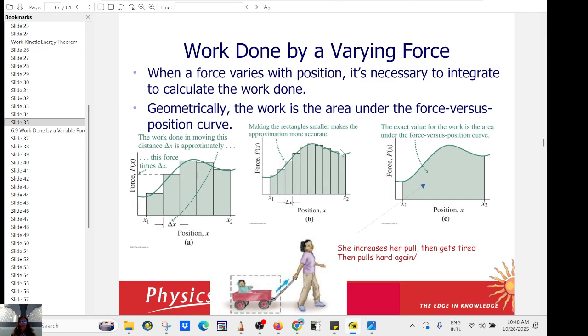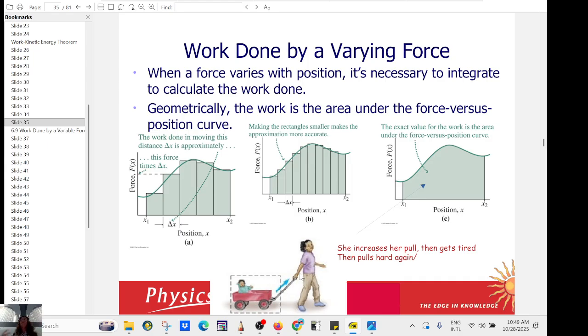Right? Okay. Next, a little bit of calculus here. So far we have seen a constant force, a force that does not change with displacement, but in reality that is not the case. For example, if you start to pull a wagon, at first the force is small, then you increase your force, and maybe you get tired, so it decreases.